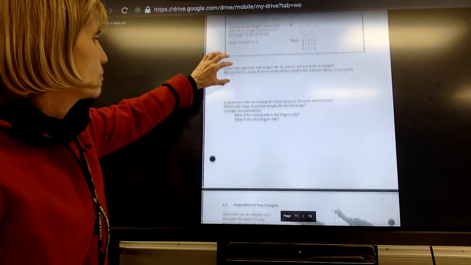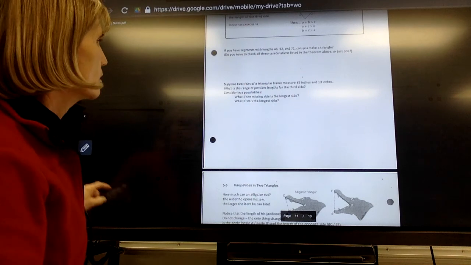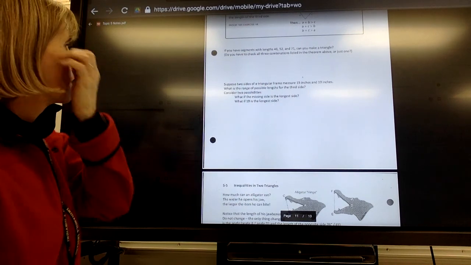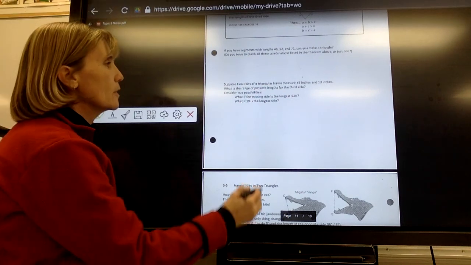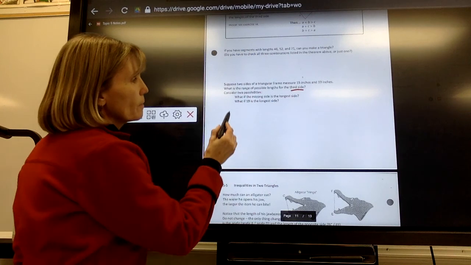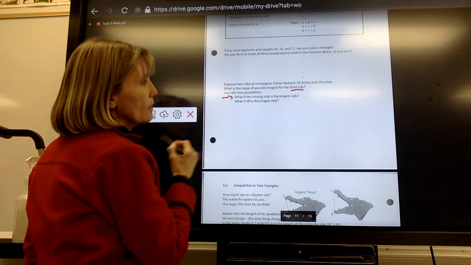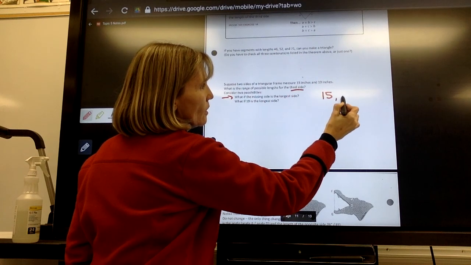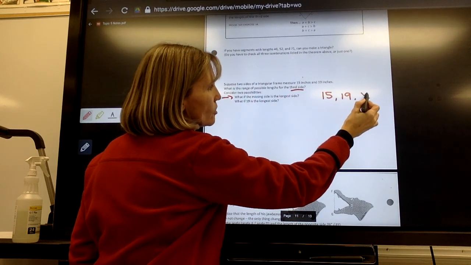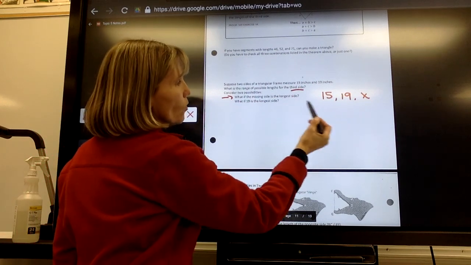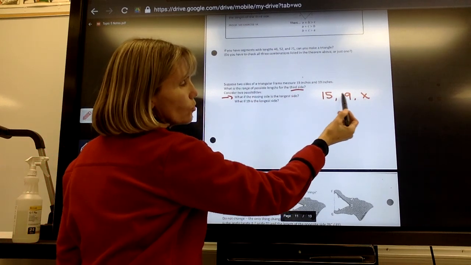Then it says, suppose two sides of a triangular frame measure 15 and 19 inches. What is the range of possible lengths for the third side? Well, we have to consider two possibilities. What if the missing side is the longest? So let's say I've got the sides that are 15, 19, and the unknown side, let's call it x. If the one that's missing is longest, these are the shortest sides.